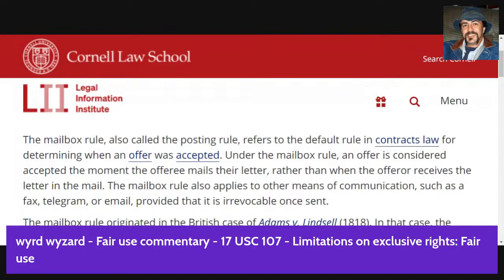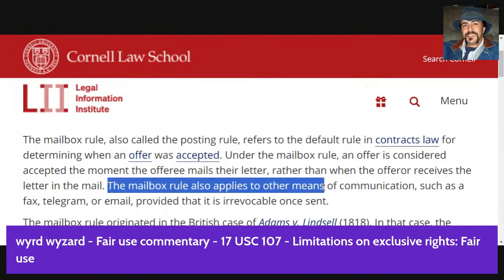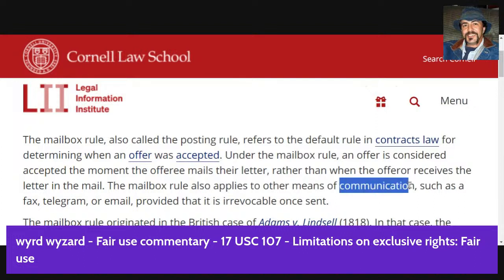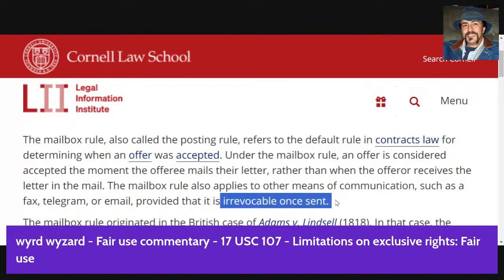And we're going to continue on with the rest of it here because it goes on to say the mailbox rule also applies to other means of communication. Communication, as that definition is defined in these codes, is a conveyance of a debt, such as a fax, telegram, or email, provided that it is irrevocable once sent.